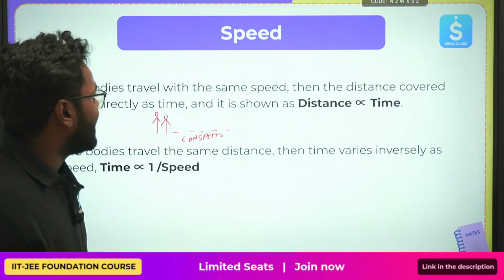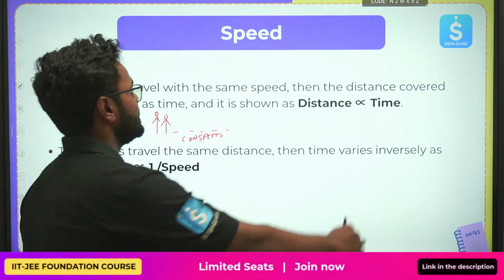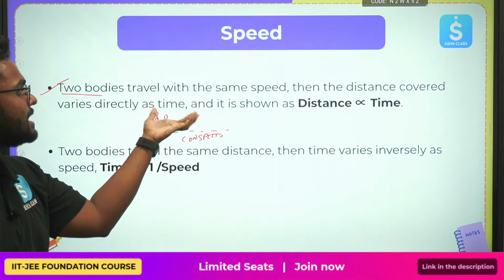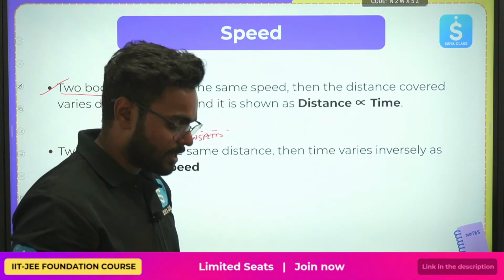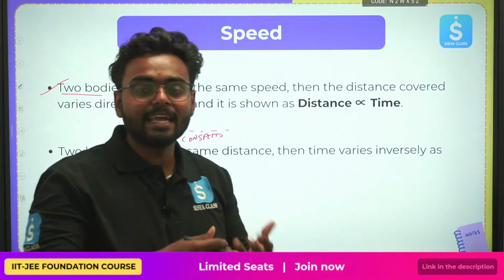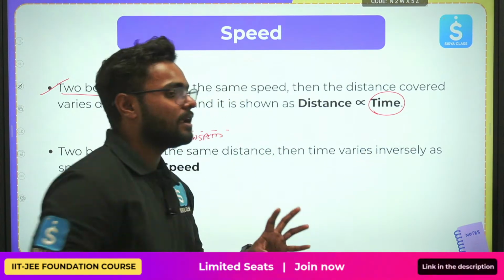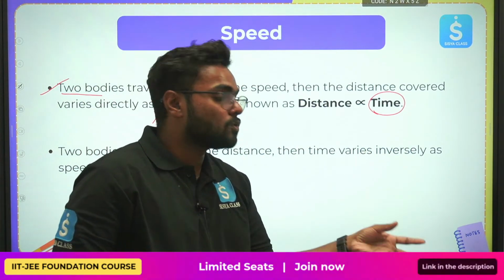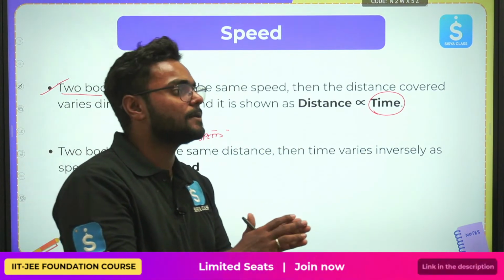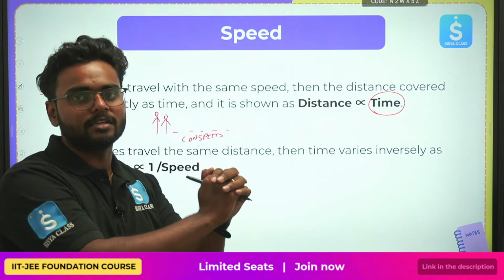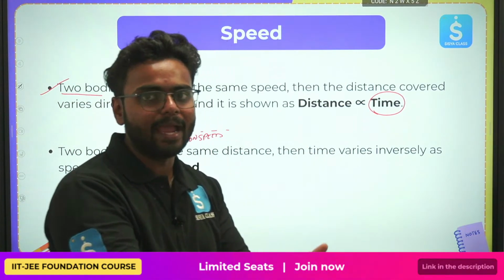Then the distance covered varies directly with time. It increases proportionally as I increase my time. If I cover 2 meters in 2 seconds, it will increase proportionally. If I take 4 seconds, it will be twice.